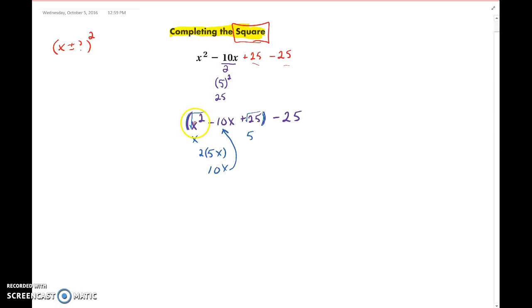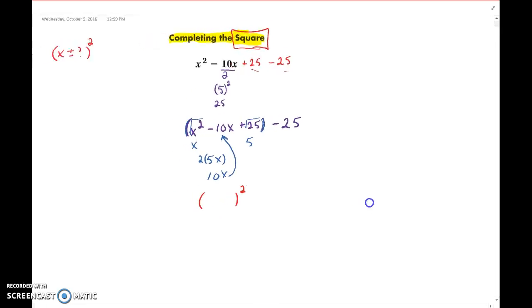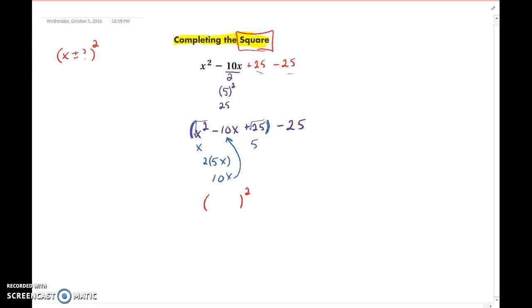So now this will factor as a square. When we take our perfect trinomial square, it's our 2 square roots, x and 5. So we write x and we write 5, and whatever sign we have in front of our linear term is the sign that we use.